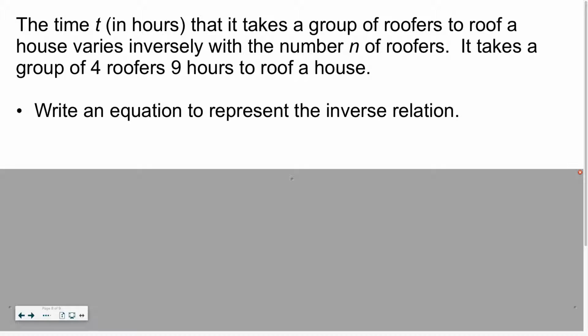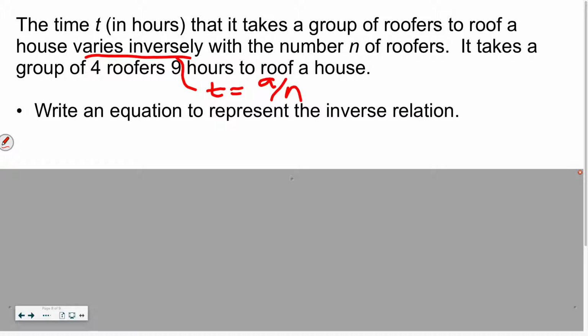So keywords there are varies inversely. I'm going to replace my y and my x with T and N. T varies inversely with N. So T equals A over N.